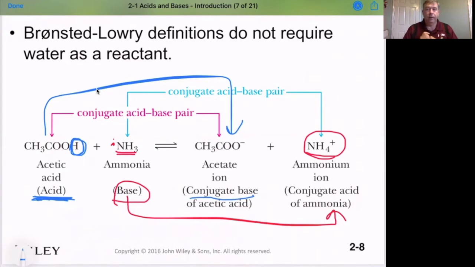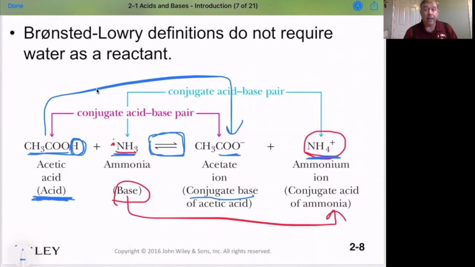okay? So this is why the conjugate acid-base system works, because it's in equilibrium. It can go back and forth. Once you donate the proton, this acid becomes the base. Now that it's a base, it can accept a proton and go back to being the acid. Once this can accept a proton, it becomes the thing that has the proton.